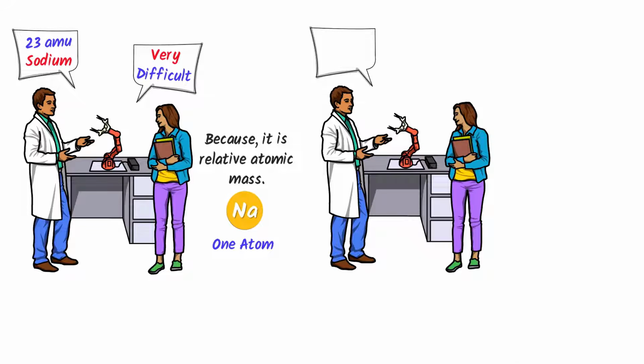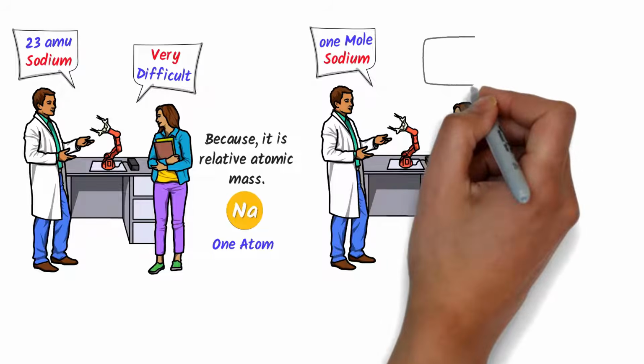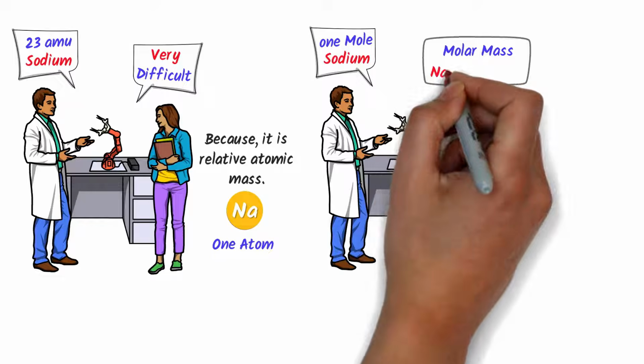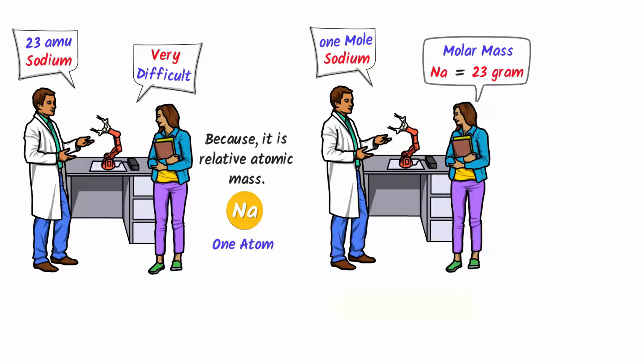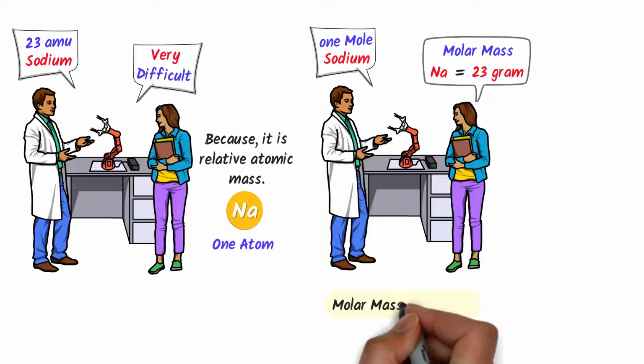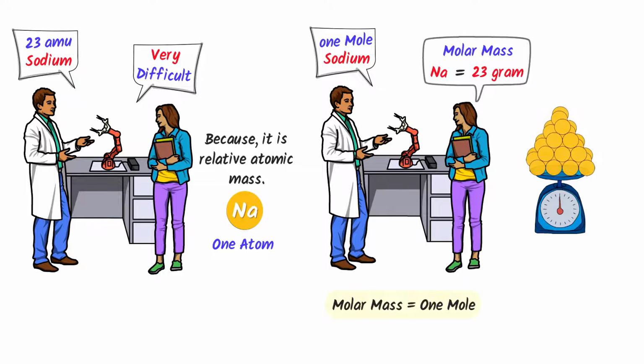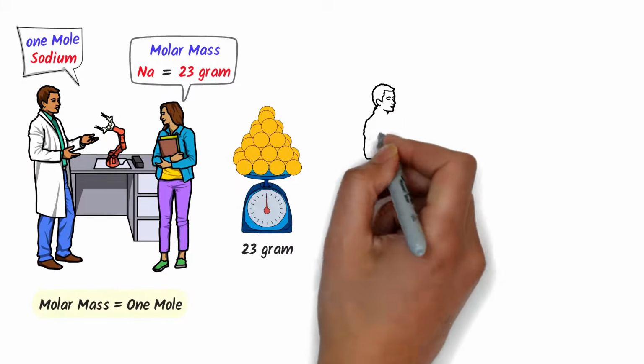Secondly, if I ask you to bring me 1 mole of sodium, what will you do? The answer is simple. You know that the molar mass of sodium is 23 grams. You also know that mole and molar mass are the same thing. So you will measure 23 grams of sodium using an electronic balance. Thus you will bring 23 grams of sodium, which is equal to 1 mole.